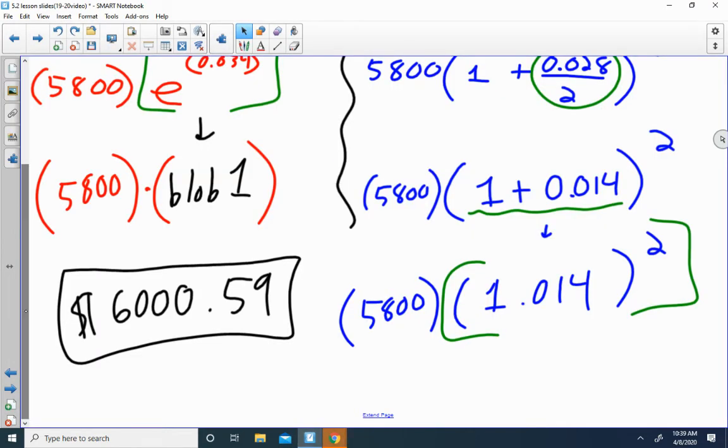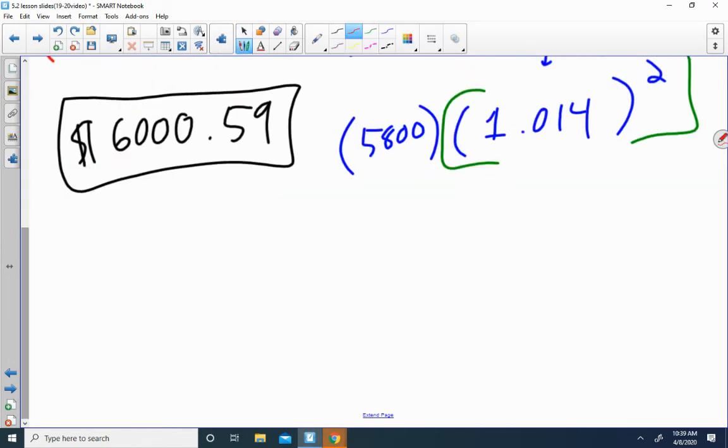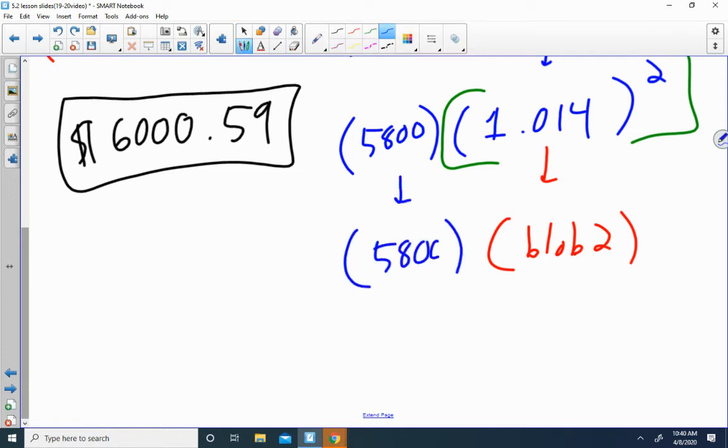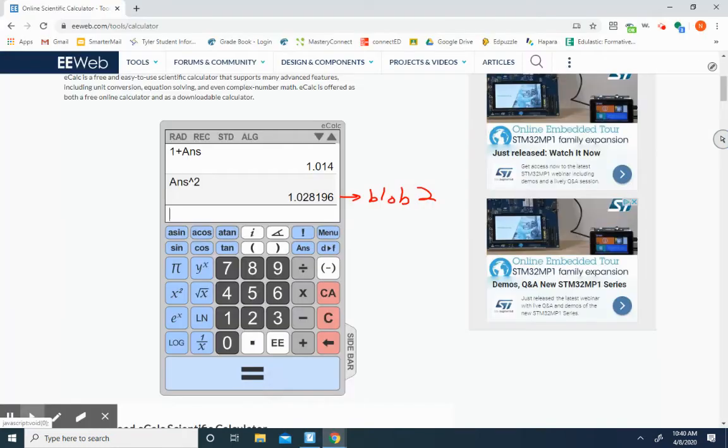So then, back to here. I just did this squared, and that got me blob 2. Now I just have to multiply that by 5,800. Blob 2 times 5800. Let's do it. So blob 2, or previous answer, times 5800.